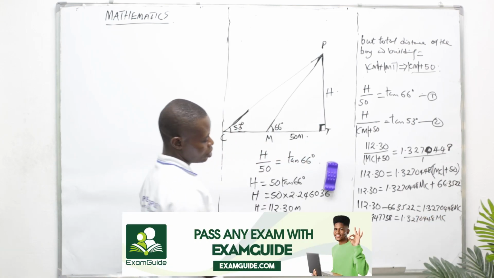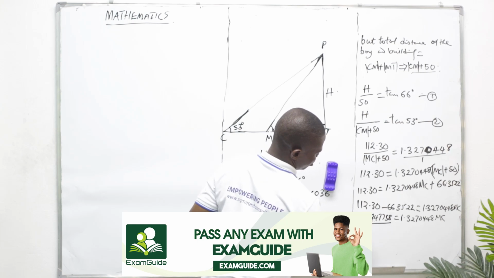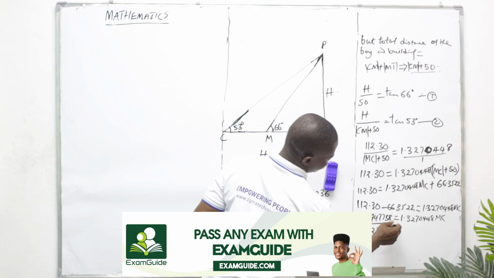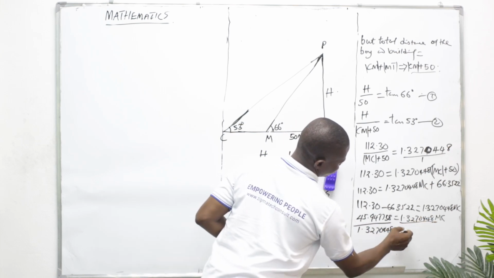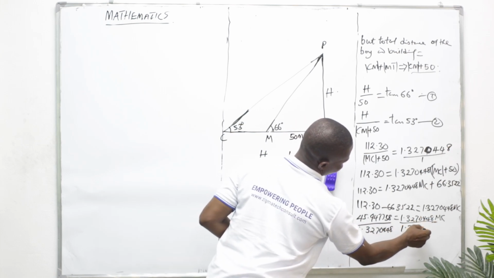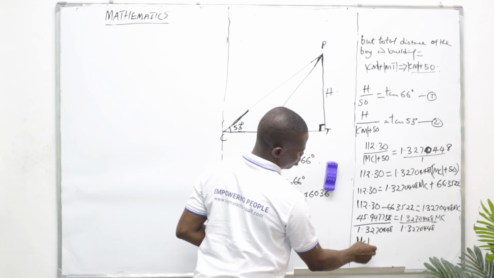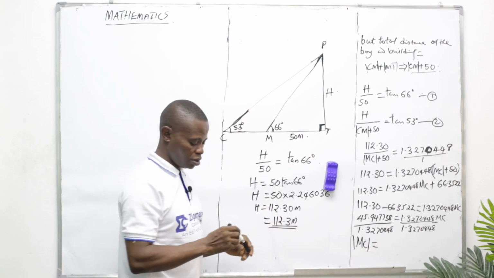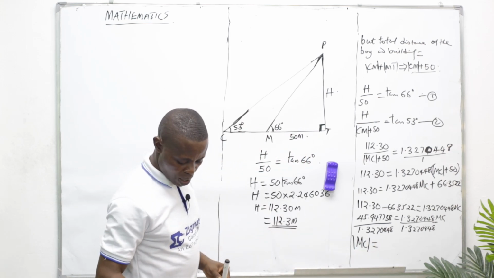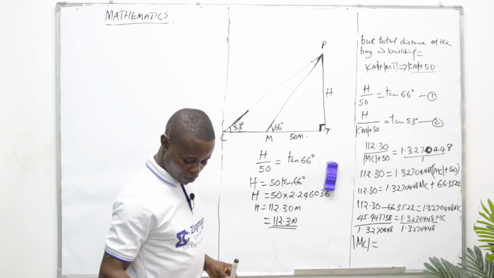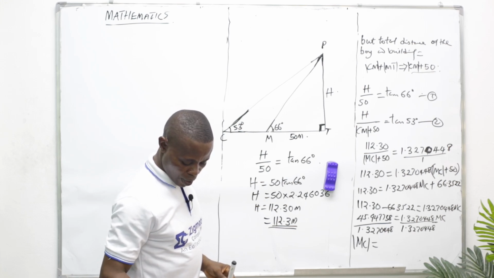Divide through by 1.3270448. Now MC equals 45.9478 divided by 1.3270448.